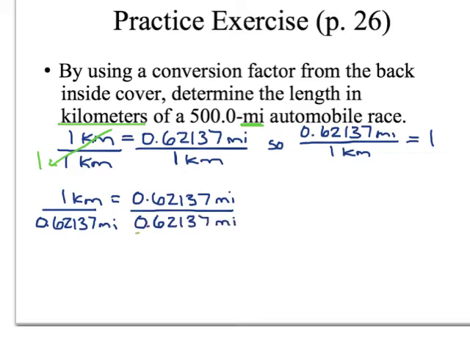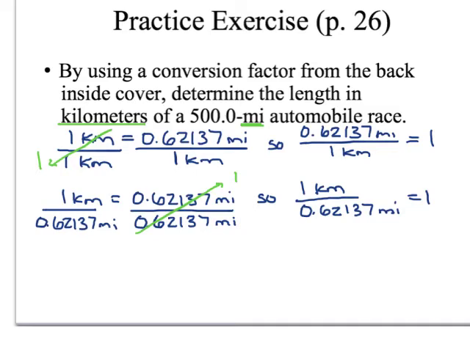Now in this case, it's the right-hand side of the equation that's going to be equal to the number 1. So I've got a second conversion factor, and the only difference is which unit is on the top and which unit is on the bottom. So I've created 2 different conversion factors.